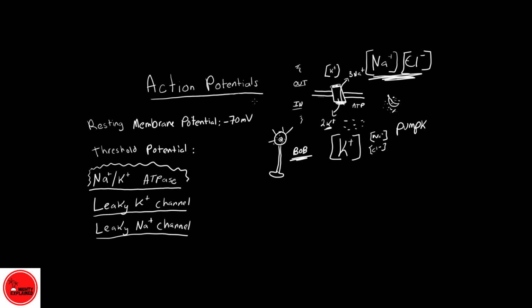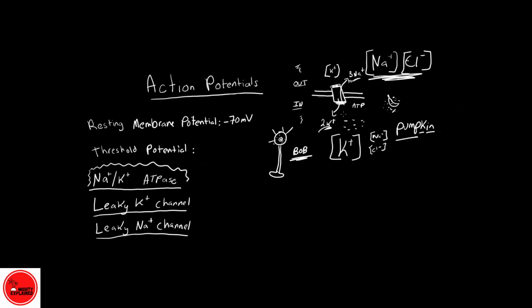You can remember pumpkin because you're pumping potassium in. That's how you know potassium's going in, and then you know that sodium is going out. And in has 2 letters, so you're doing 2 potassium in, and then the other one has to be 3 sodium out. Those are 2 little bits to help you remember.